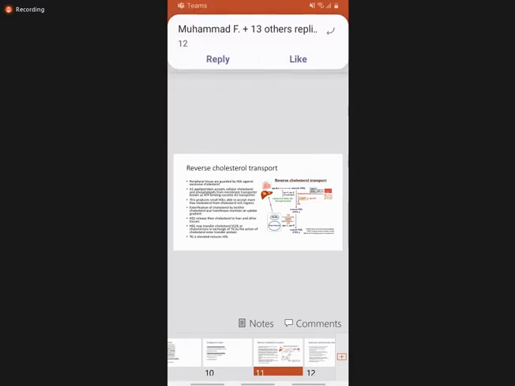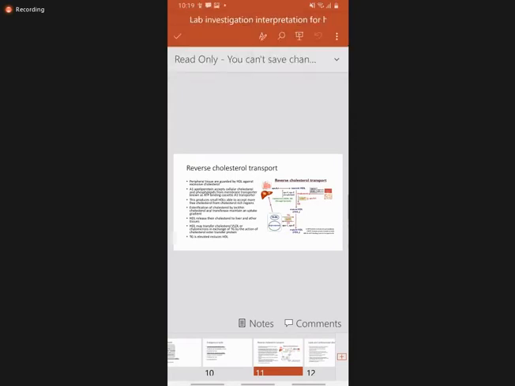After that, we have the endogenous lipids, like VLDL, LDL, and HDL. And why is the HDL cardioprotective? Because of reverse cholesterol transport: it takes cholesterol from the peripheral tissues and distributes it to the liver in exchange for triglycerides. And how does it do this? With the help of certain transporters like the ATP binding cassette A1 transporter, which helps in the transport of cholesterol to the HDL.